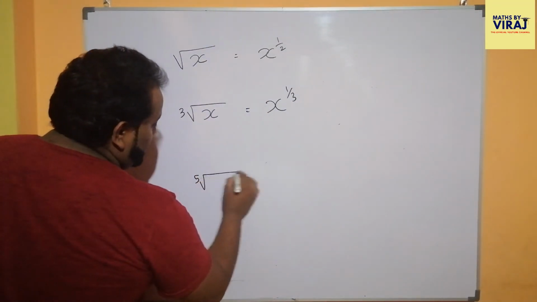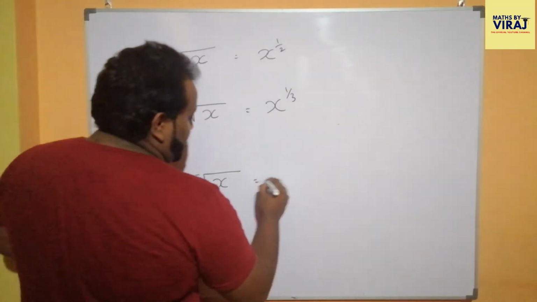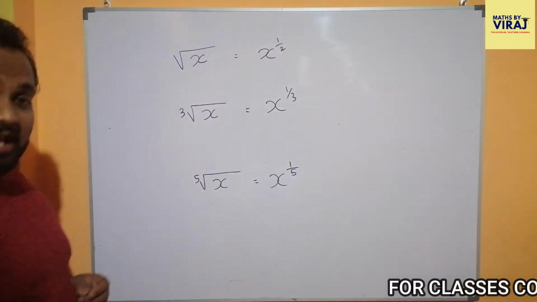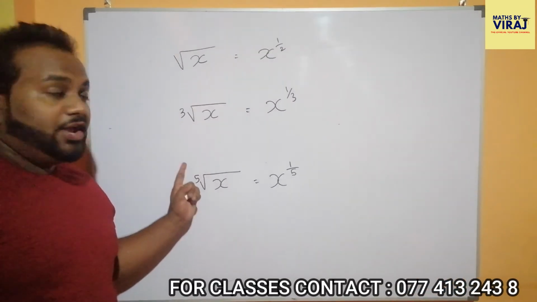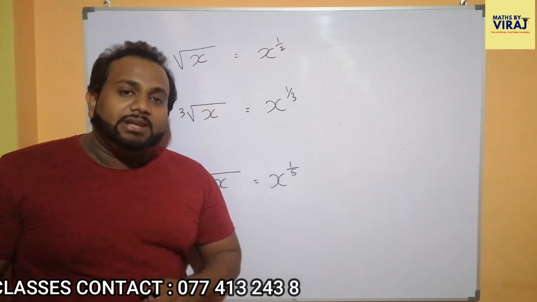And if a numeral as 5 was to be here, it will be written as x to the power 1 over 5. Therefore, if that's a root and if there's a number in front, you can write it as the number as the denominator.